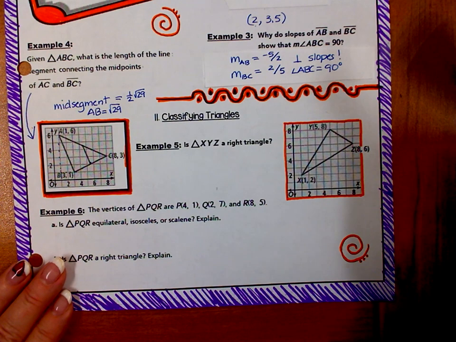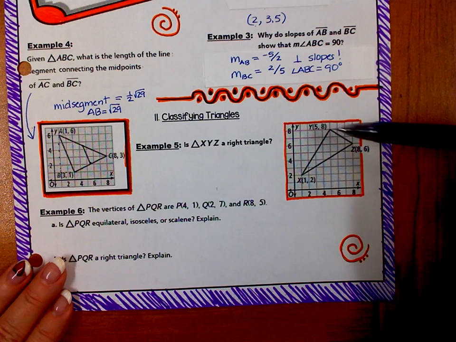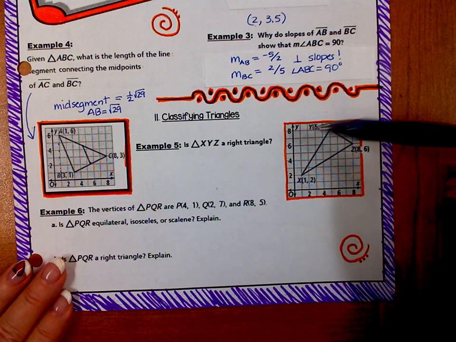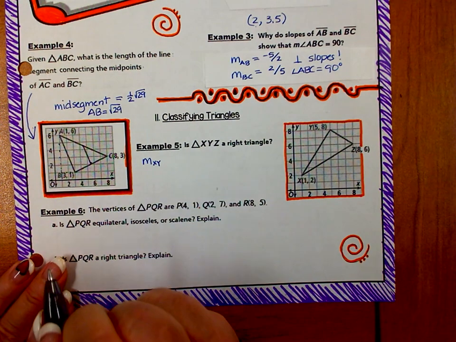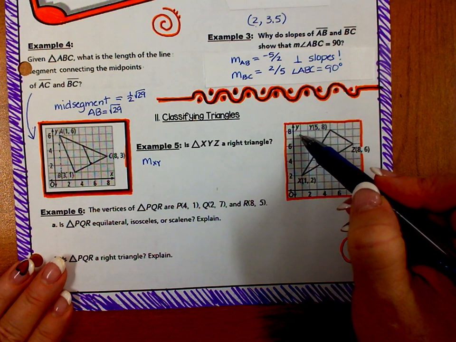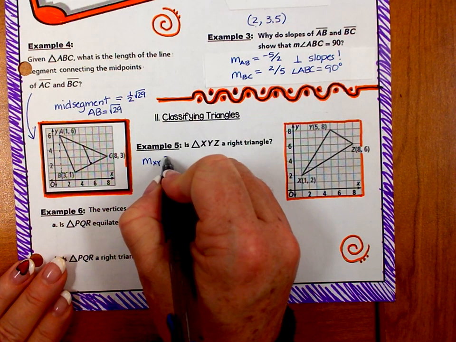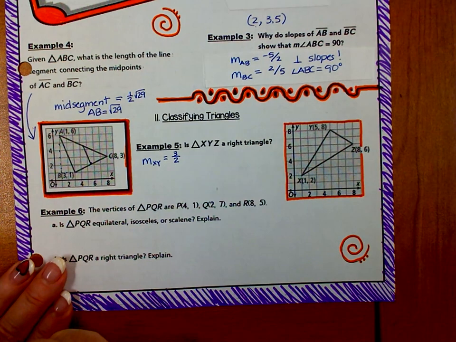So if we figure from X to Y, we're going to go up 1, 2, 3, 4, 5, 6. So the slope of XY is going to be up 6 and over 1, 2, 3, 4. So 6 over 4, we'll go ahead and reduce that to 3 over 2.